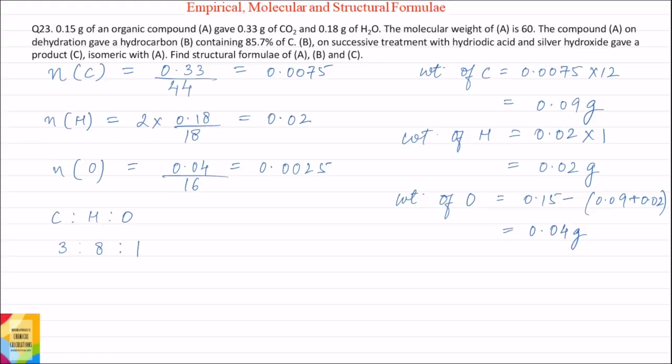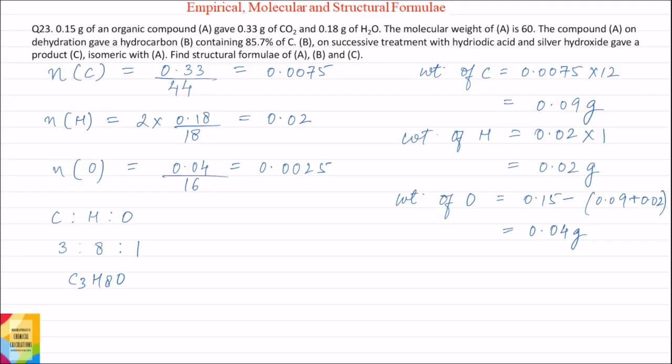So the simplest ratio between carbon, hydrogen and oxygen is 3:8:1. Therefore, the formula will be C3H8O. This is the empirical formula, and the empirical formula weight calculated is 60, which is equal to the molecular formula weight. So this is also the molecular formula of the compound.